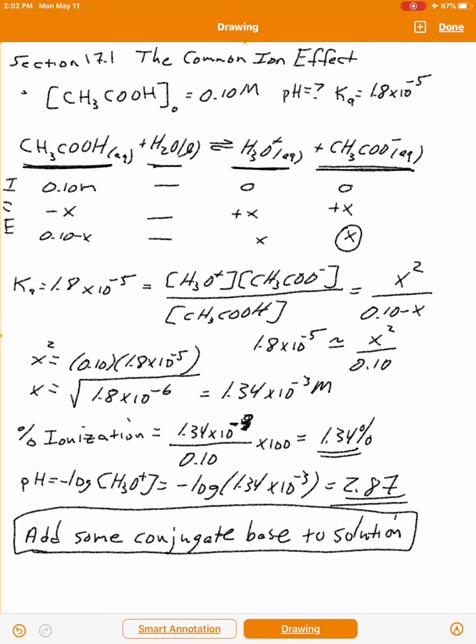The conjugate base is actually X, and we already figured out that X is 1.34 times 10 to the minus 3 molar, so there is some. But now suppose we add a lot. Suppose we add 0.05 molar, a much larger amount of the conjugate base.